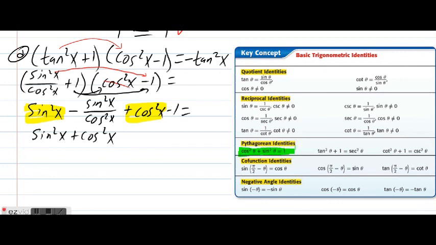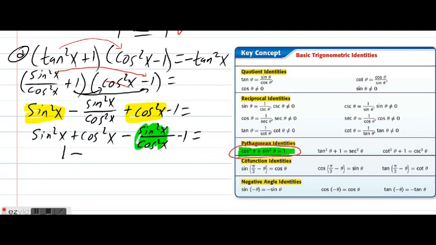I have that Pythagorean identity. Okay, so that's the reason why I wrote it next to each other. And then I'm just going to bring the rest of the stuff down for now. So sine squared of x, we already talked about that. That's right there. All this stuff is equal to 1 minus.